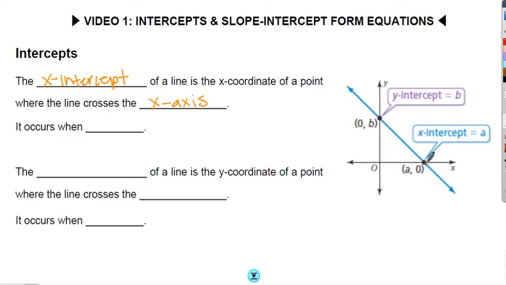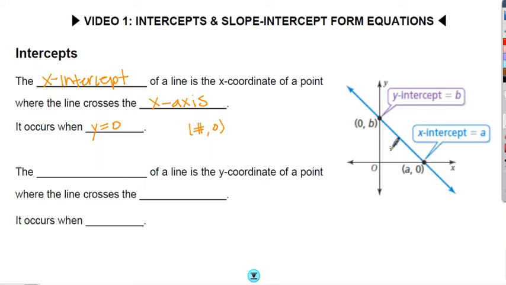An x-intercept occurs when y is equal to 0, and you have to remember this. For the x-intercept, the ordered pair has an x value that is a number, and the y is 0. It's always a number, comma 0 for the x-intercept.